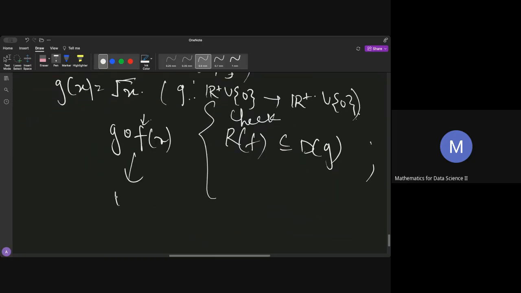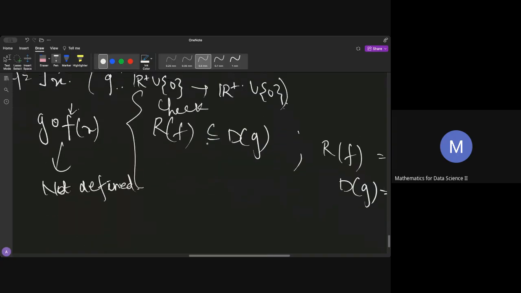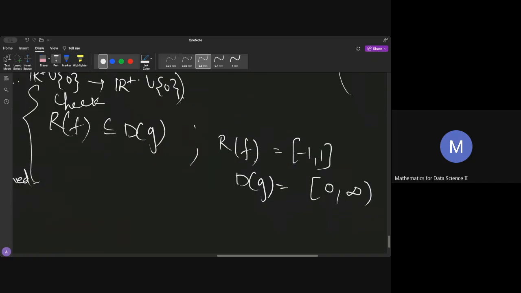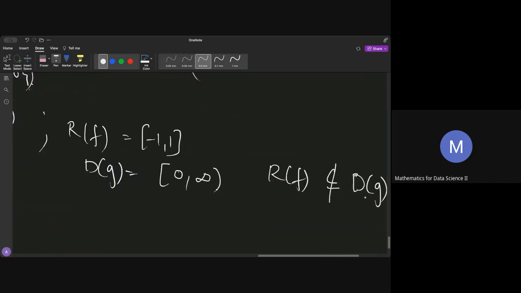This is not defined, or not possible, whatever you want to call it, because the range of f is not contained in the domain of G.